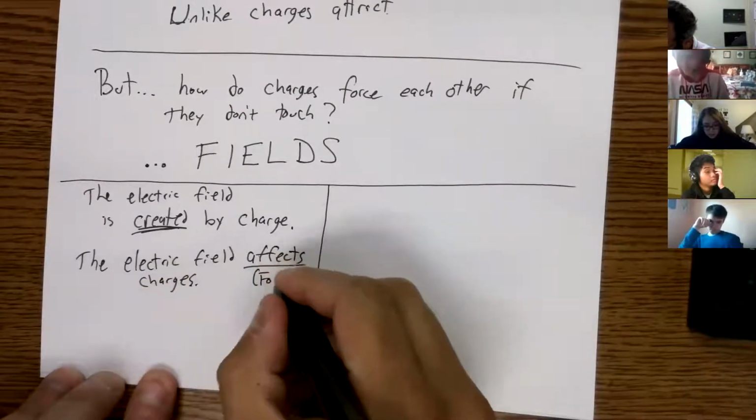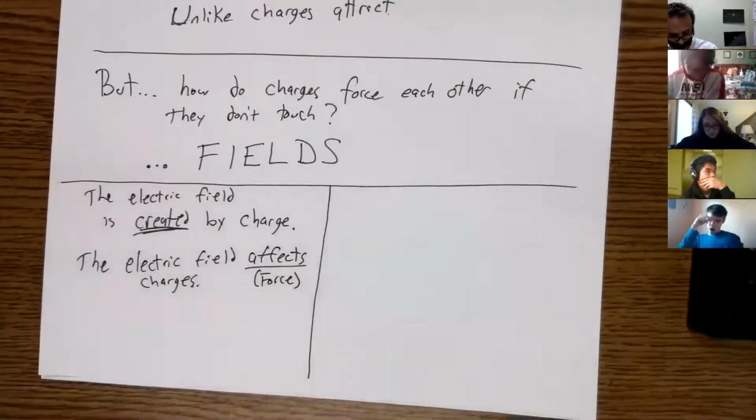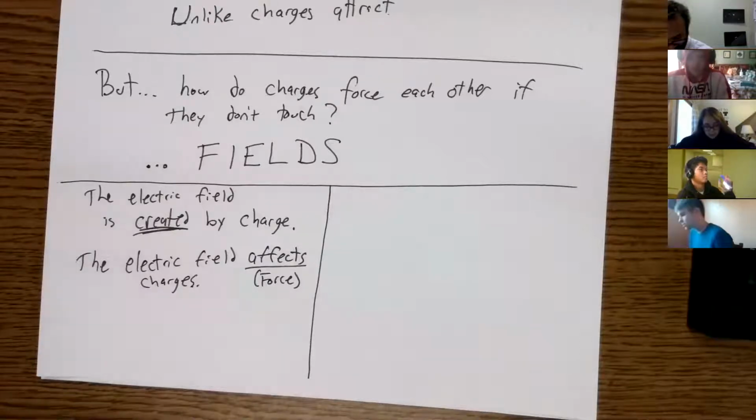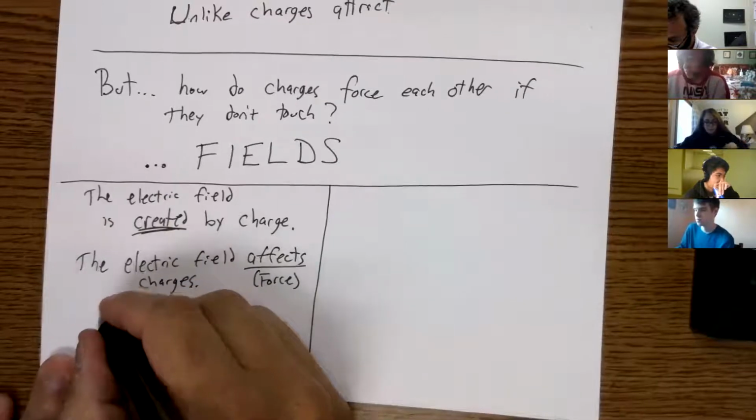The electric field is what forces the charges. And there's a little bit of weirdness there, because if you have something that's created by charge and then also affects charges, you can see how that might be a little strange. But it works out, and we'll get into the details as we go. This is really just like the gravitational field with mass.